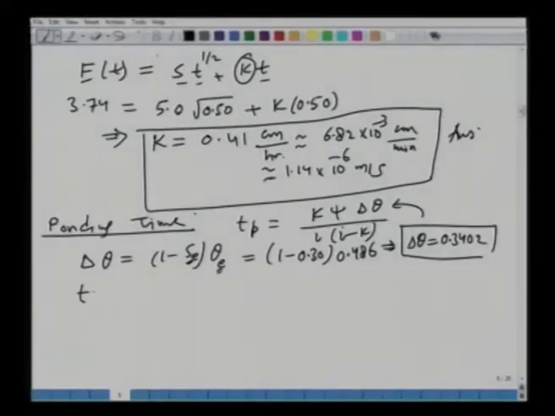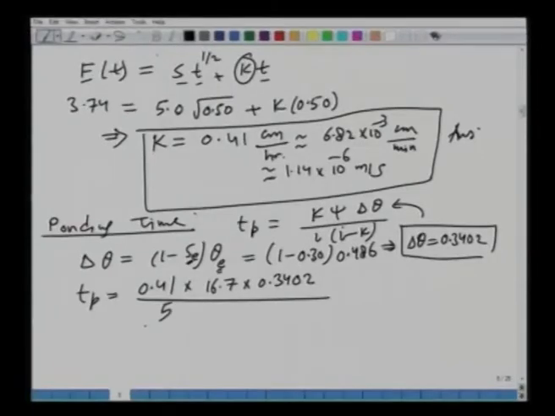So, if you did that, you will have TP equals K, which is 0.41, times psi, 16.7, times 0.3402, which is delta theta, and everything divided by I, which is 5, times (5 minus 0.41).